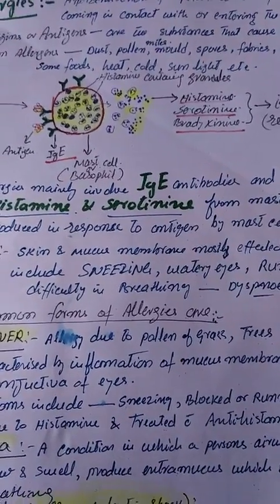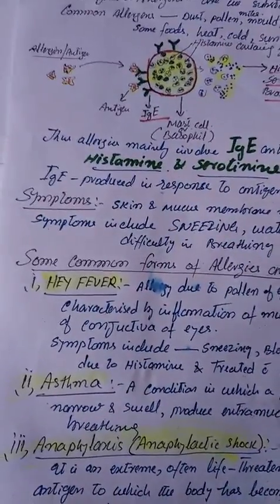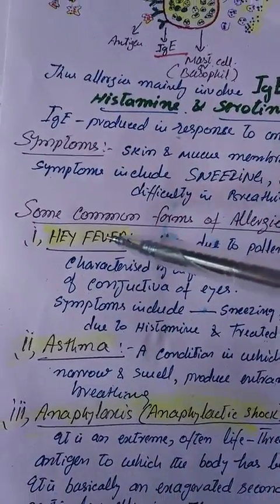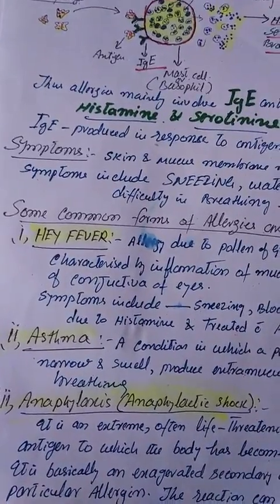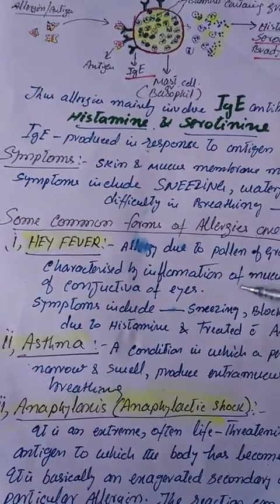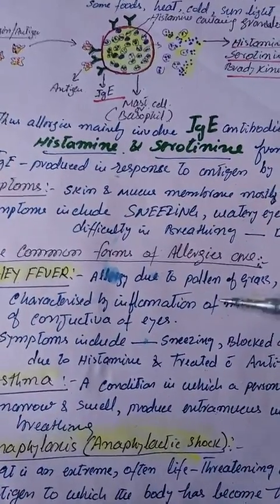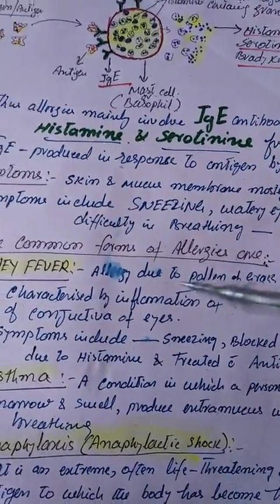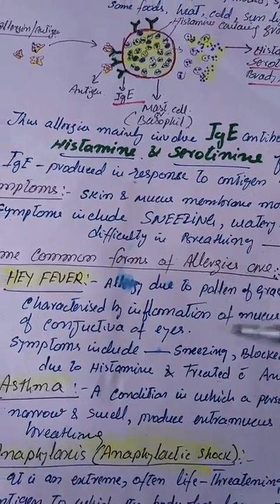Now, some common forms of these allergies are hay fever, asthma, and anaphylactic shock or anaphylactic reaction. Now, hay fever is the form of allergy due to the pollens of grasses, trees, and other plants.